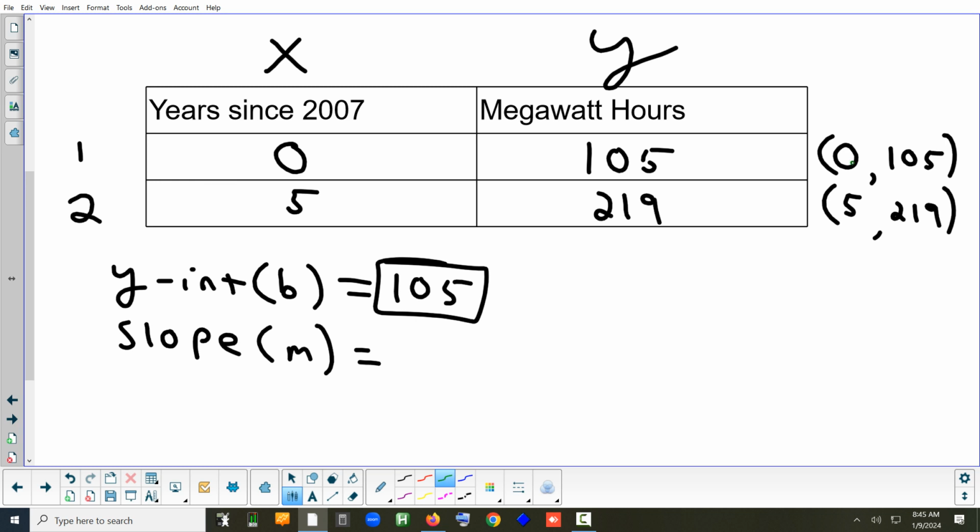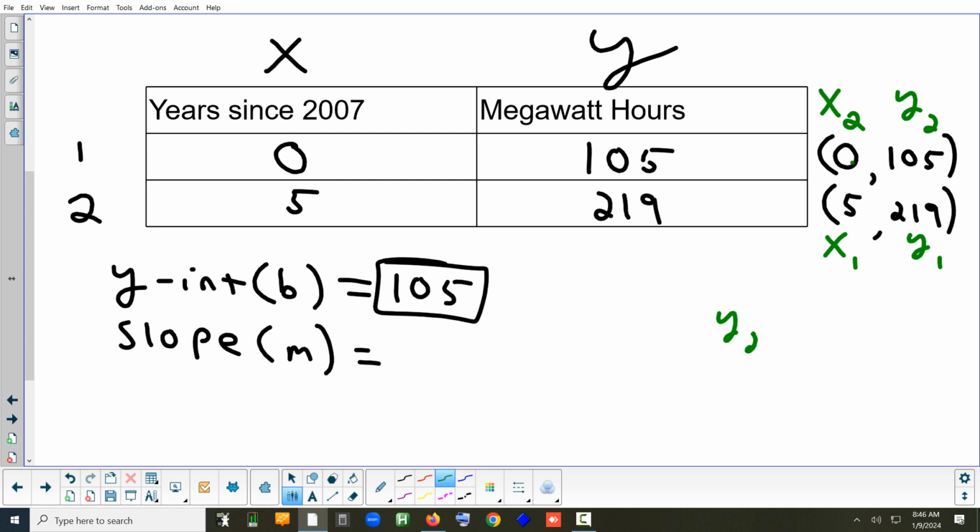I was calling it x2 because it has a shorter number. Okay, so we could do that. We could call it x2. Then that means the 5 is what? x1. That's the first x. How about the 105? y2. Has to be y2 because the 2's have to go together. And the 219? y1.